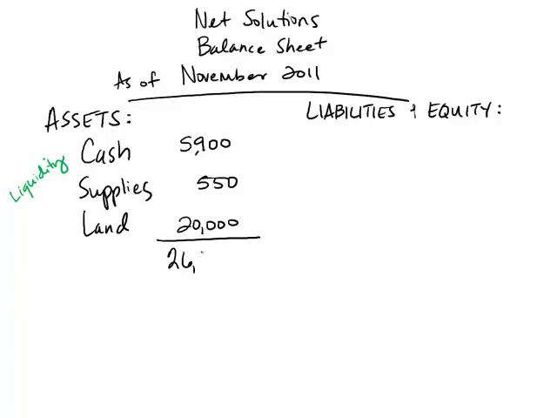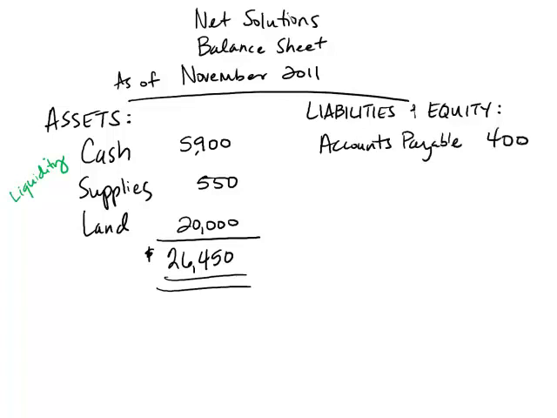So $26,450 are total assets. Liabilities, he had accounts payable. It's the only one he had. And he still owes $400 on it. And then we pull over the equity.